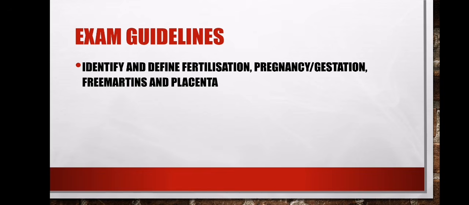A FREEMARTIN is a type of twin, but you have to understand what type of twin and how these twins develop in a cow. When we get into gestation, we will also talk about the placenta. So it's very important to define fertilization, gestation, and FREEMARTIN.